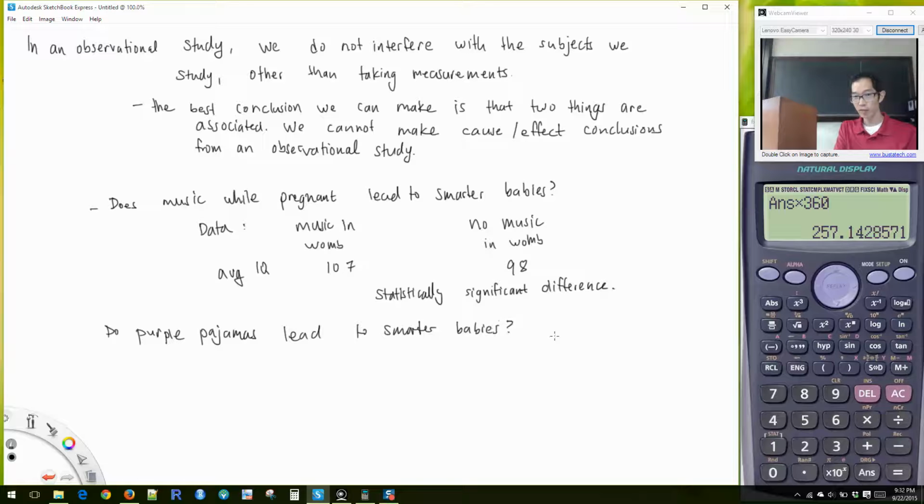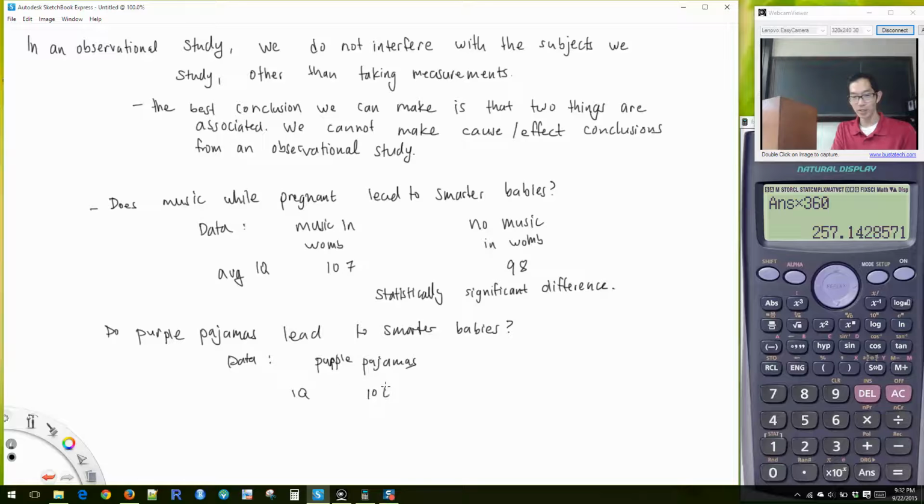And you know what? I promise you, if a study was released on purple pajamas and we did a study at the end, what we'd find is that kids who wore purple pajamas, their IQs will be higher.